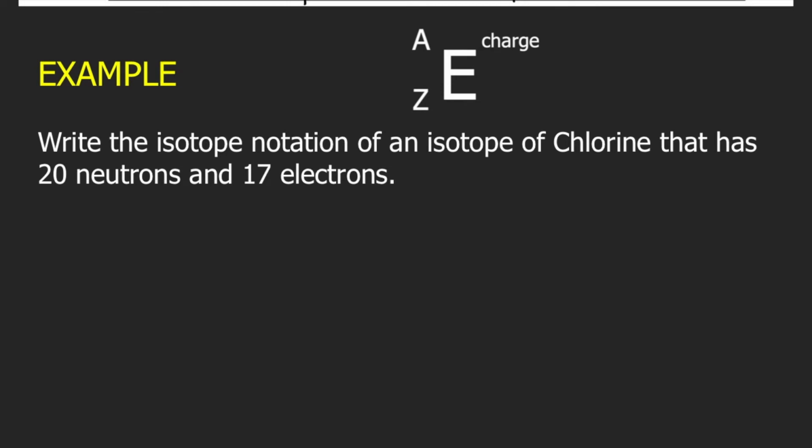Write the isotope notation of an isotope of chlorine that has 20 neutrons and 17 electrons. From the question itself, it says isotope of chlorine. So clearly, your element is chlorine, and the symbol of chlorine is Cl.